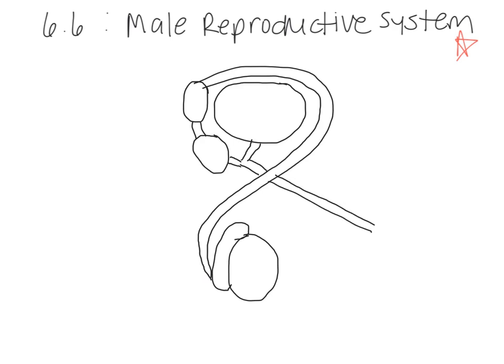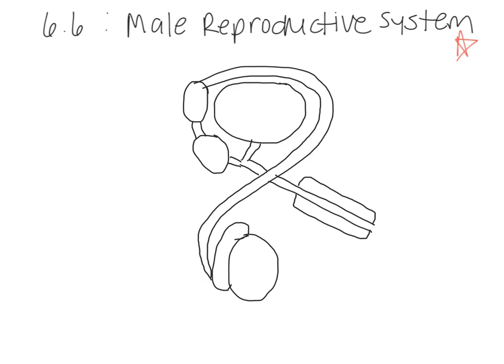That crosses over like that, so they do share some ductwork there. Now, the urethra exits at the penis. Surrounding the urethra is the erectile tissue of the penis, and that will swell with blood during an erection.